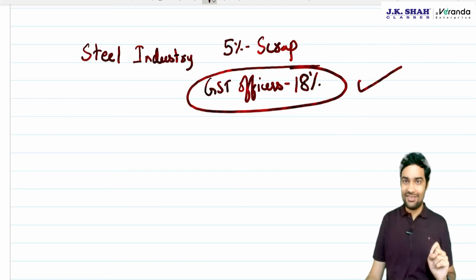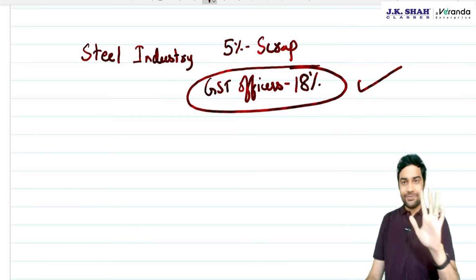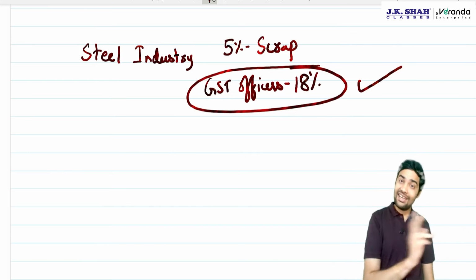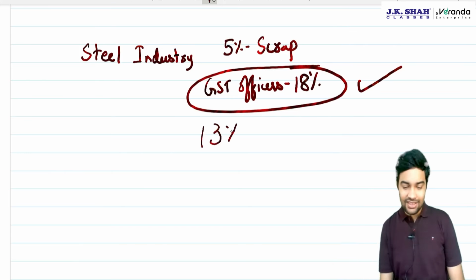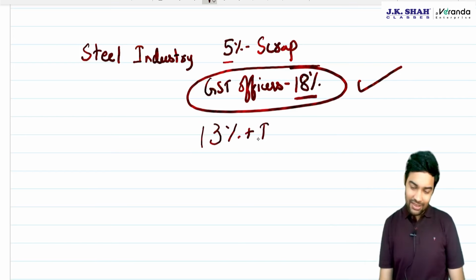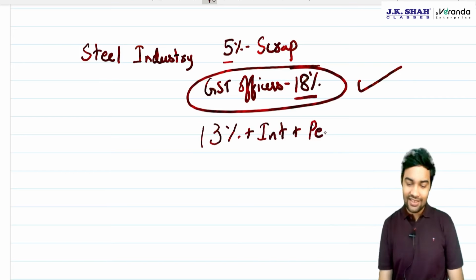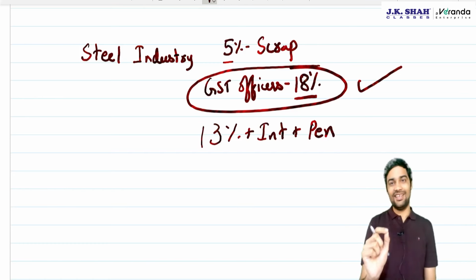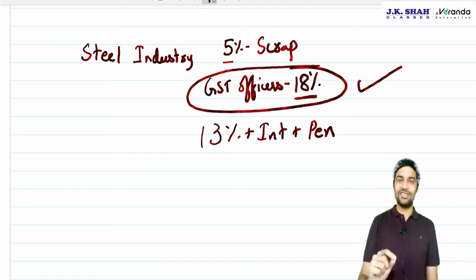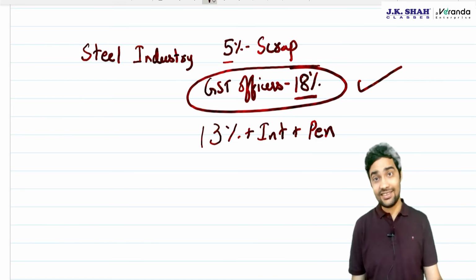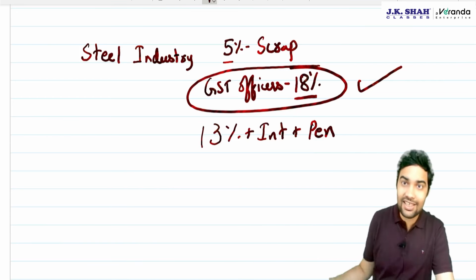If this happens, tell me what is the impact? The entire industry will have to pay the 13% differential, because they have collected 5% and the High Court has said 18%. They will have to pay 13% plus interest plus penalty. Now, if the entire industry was doing this, it will cause a lot of loss to the entire industry.